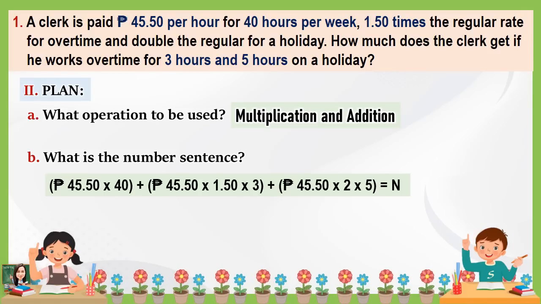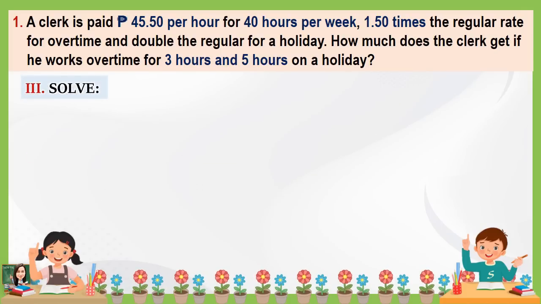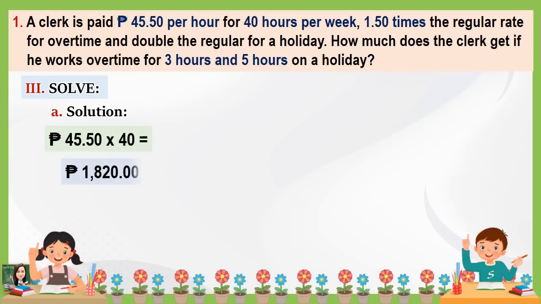45 pesos and 50 centavos times 40 plus 45 pesos and 50 centavos times 1 and 50 hundredths times 3 plus 45 pesos and 50 centavos times 2 times 5 equals n. Step 3. Solve. Solution. 45 pesos and 50 centavos times 40 equals 1,820 pesos.